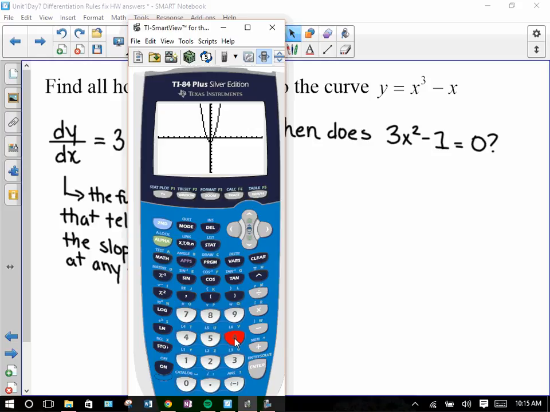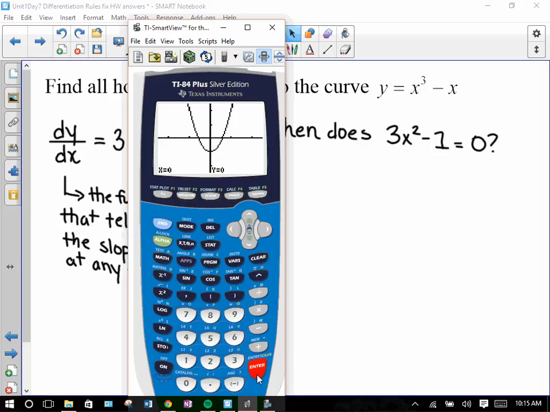I'm going to hit zoom and zoom in a little bit. So we can see that this function, 3x squared minus 1, the derivative, is going to be equal to 0 somewhere between negative 1 and 0, and 0 and 1.